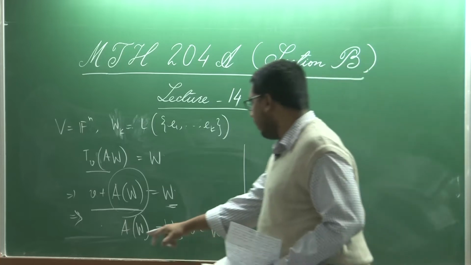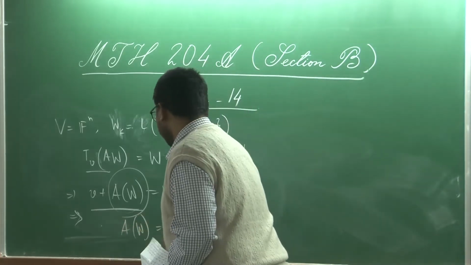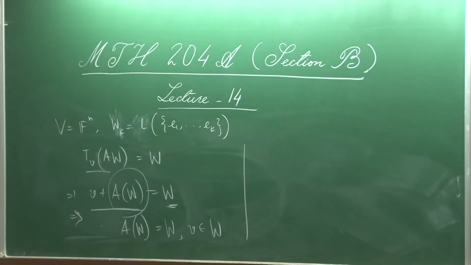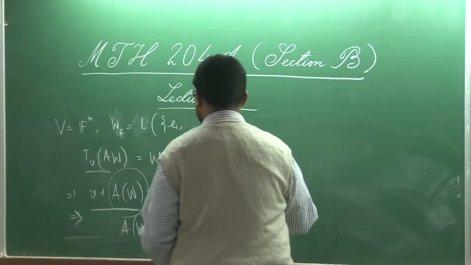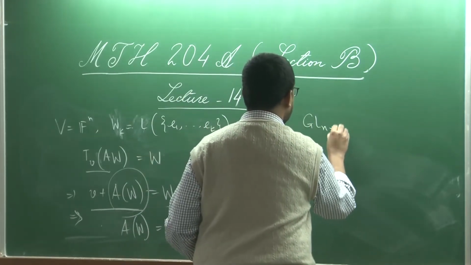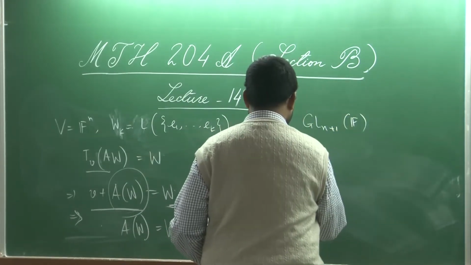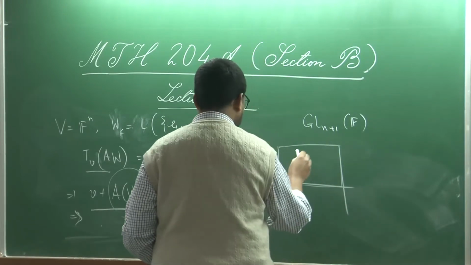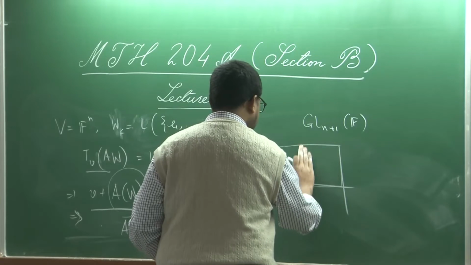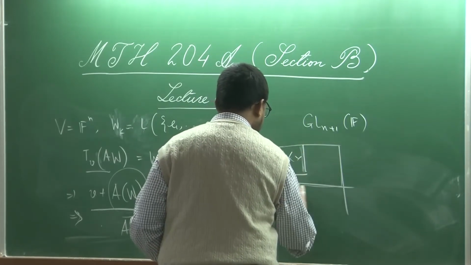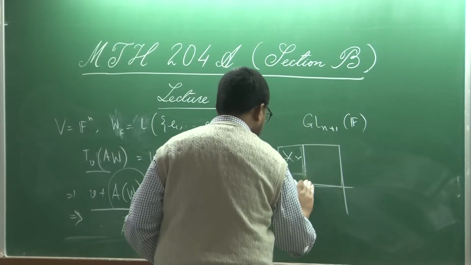So AW is W. Here you know the matrices, right? If you want to view that inside GL_{n+1}(F), in the first n by n block, for the first k columns we may have something, but the rest will be 0.